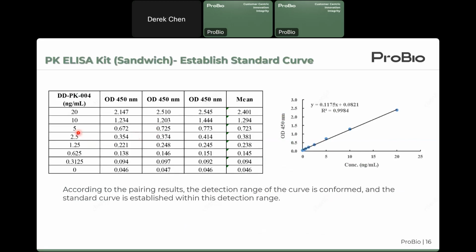After the selection of the top pair, a further sandwich ELISA with more refined drug serial dilution is conducted to establish the standard curves and the detection range. The dilution range is from 0 to 20 nanograms per milliliter.